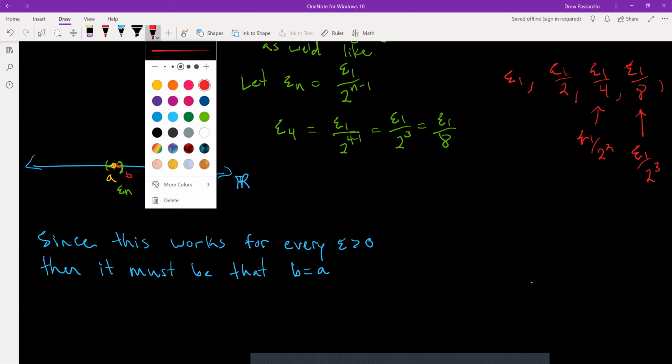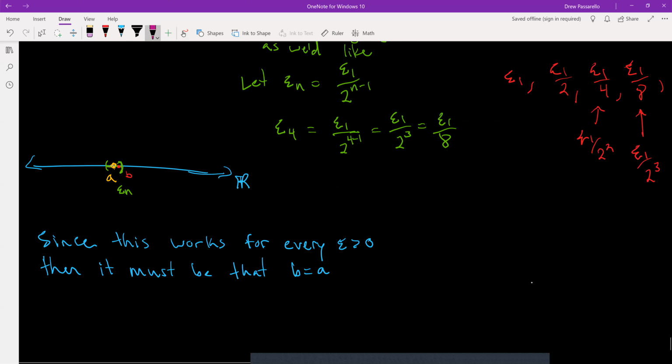I keep dividing it by 2, and then continue that process. So hopefully graphically or visually it appears that if you do that, then it must be that B equals A, since this has to be true for every epsilon greater than 0.